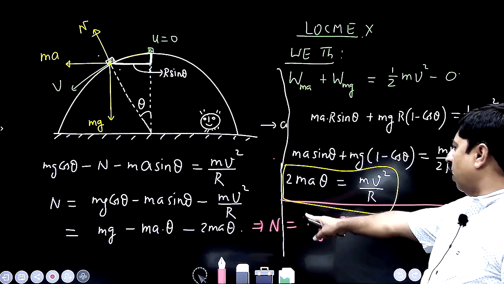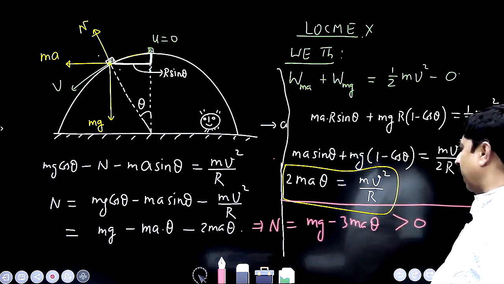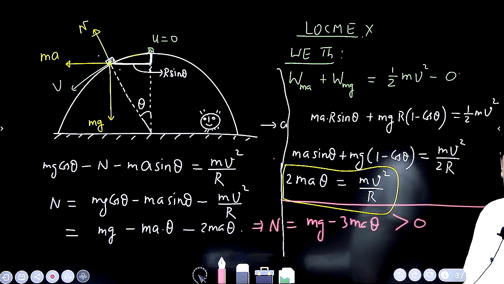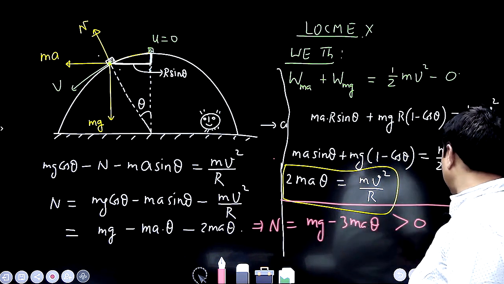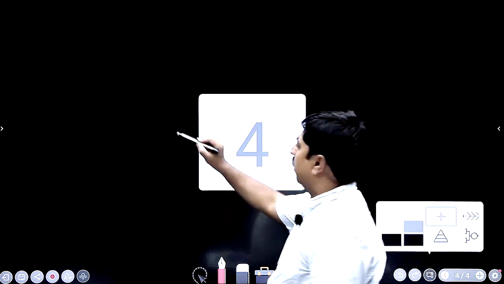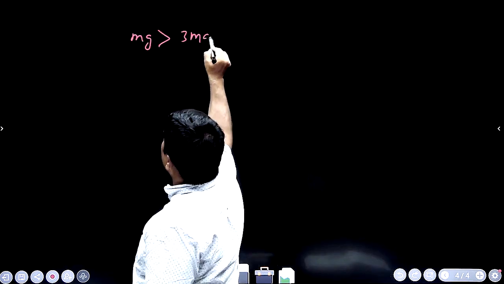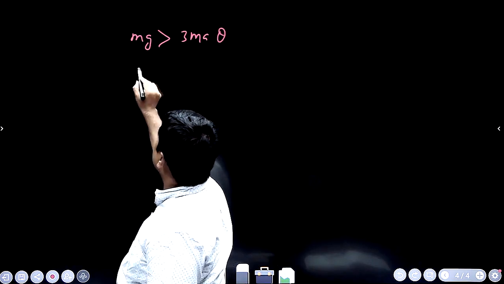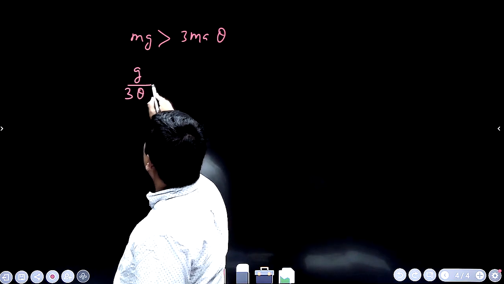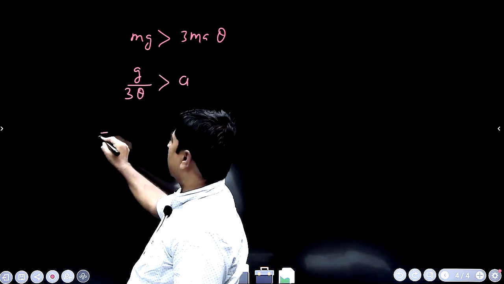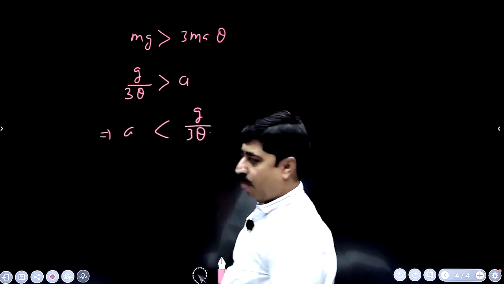So, normal reaction should not become 0 means normal reaction should remain greater than 0. So, if I put normal reaction greater than 0, that means if I make this quantity greater than 0, then what do I get? I get mg is greater than 3 ma theta, which means g by 3 theta is greater than a, or in simple language, a should be less than g by 3 theta.